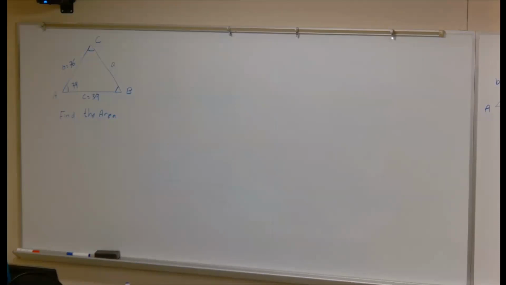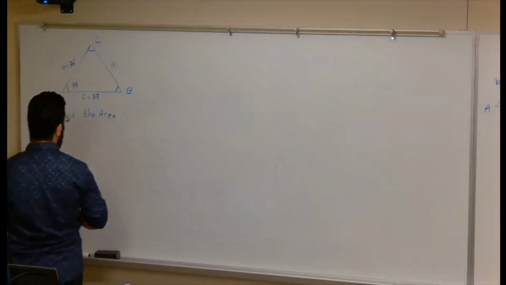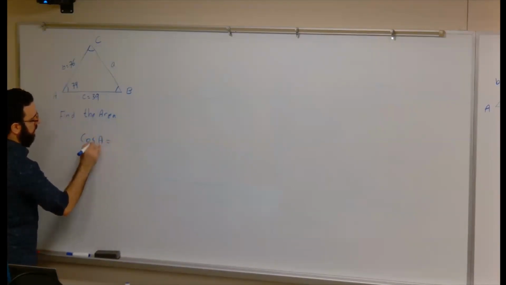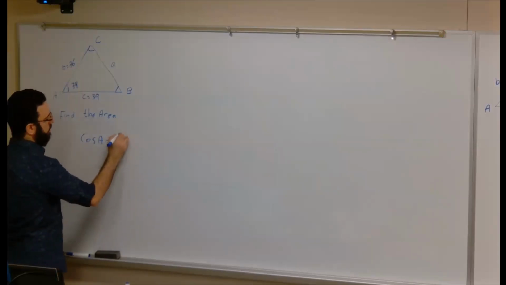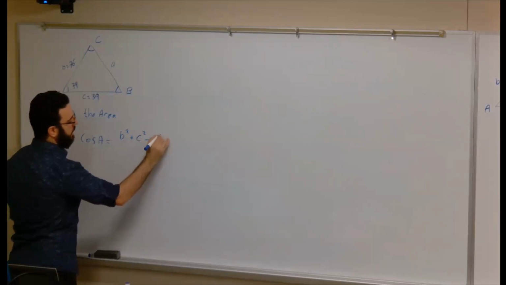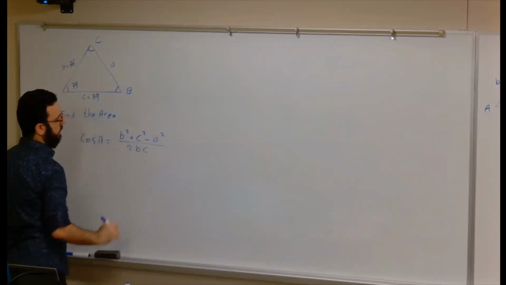The first one. Why? Because I have the angle A. So I'm going to say, okay, cosine A equal B squared plus C squared minus A squared divided by 2BC.